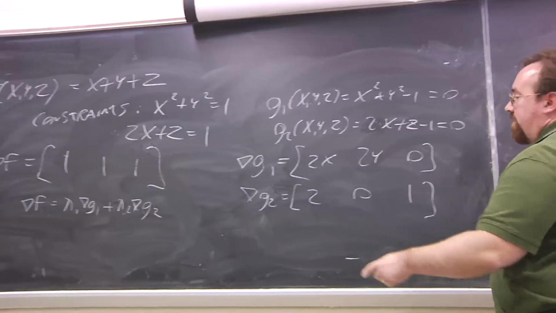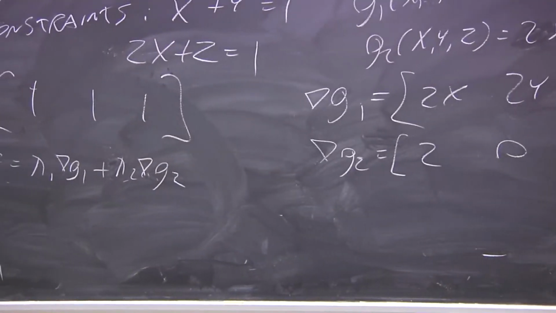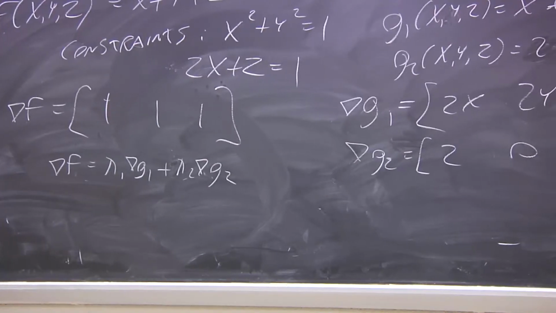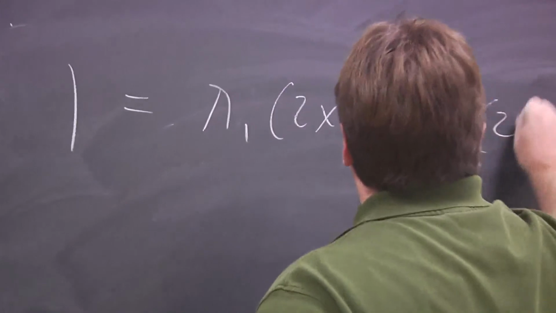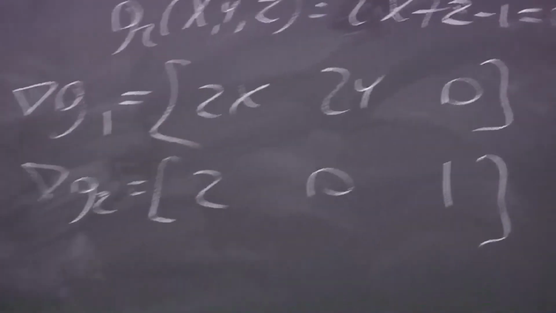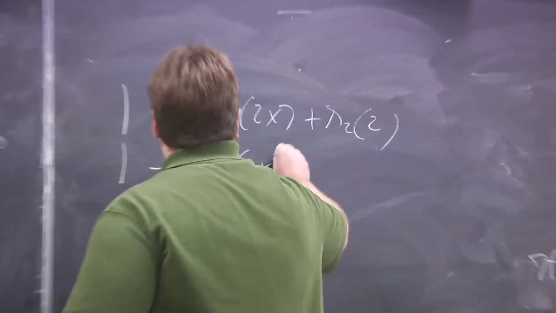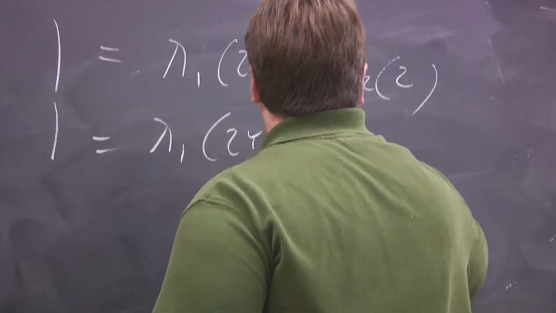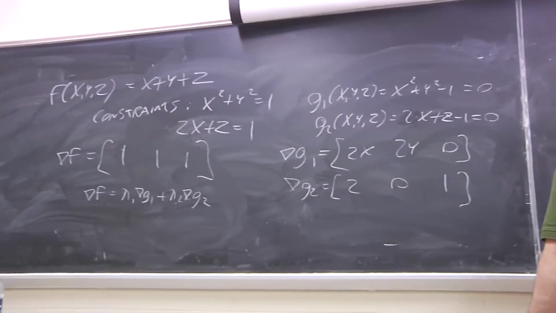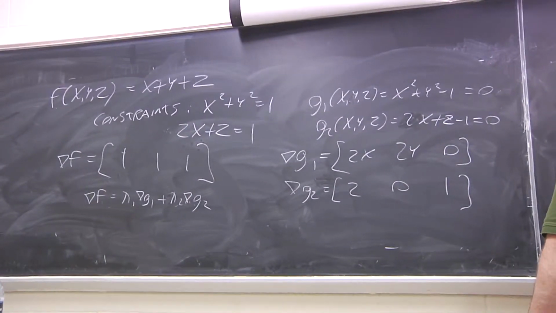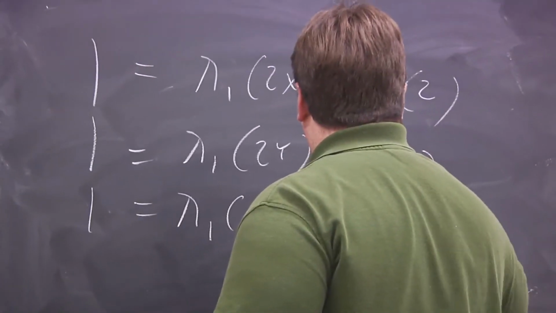First, the x components: 1 is equal to lambda 1 times 2x plus lambda 2 times 2. Then from the y components, 1 is equal to lambda 1 times 2y plus lambda 2 times 0. Then the z components, 1 is equal to lambda 1 times 0 plus lambda 2 times 1.